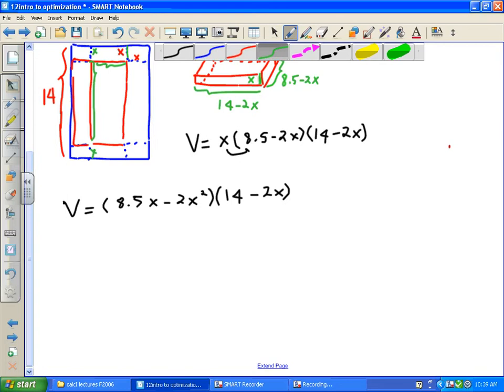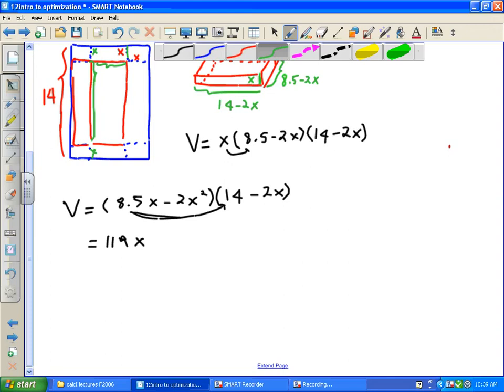Okay, so let's try to do this like a FOIL, or just go in any order you like. So 8.5x times 14. Let's see what that is. 8.5 times 14 is 119. So we're getting 119x.